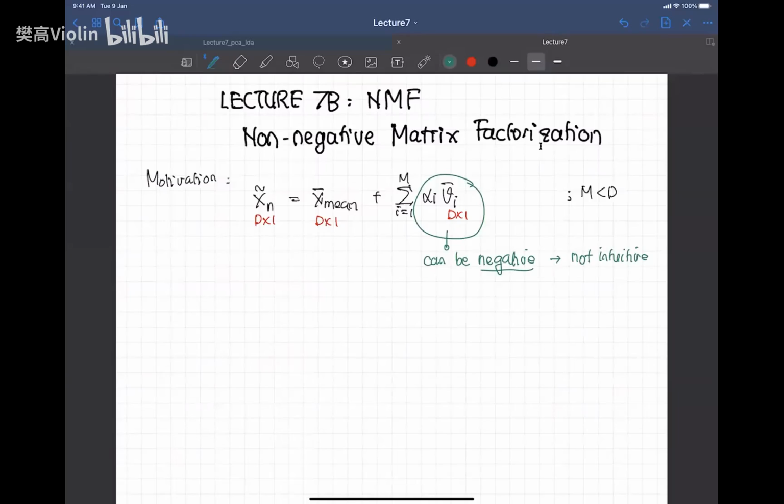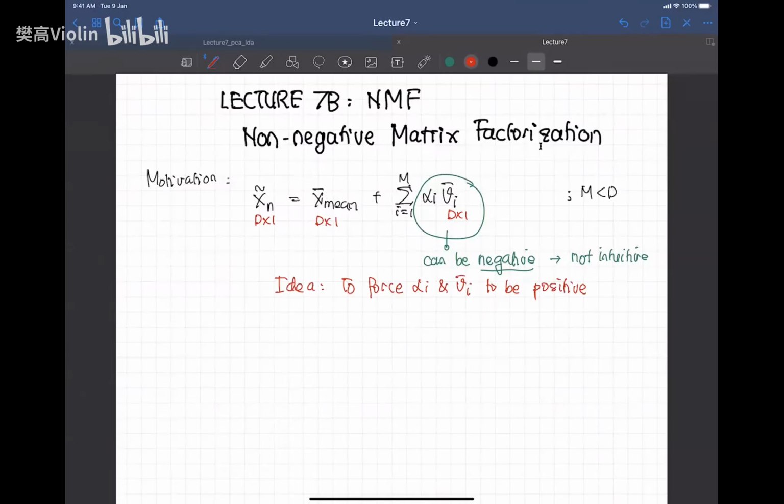So this non-negative matrix factorization is just to make this positive. The idea is to force lambda i and vi to be positive. This is the main idea. And this is used a lot in some applications, and NMF is more accurate than PCA.